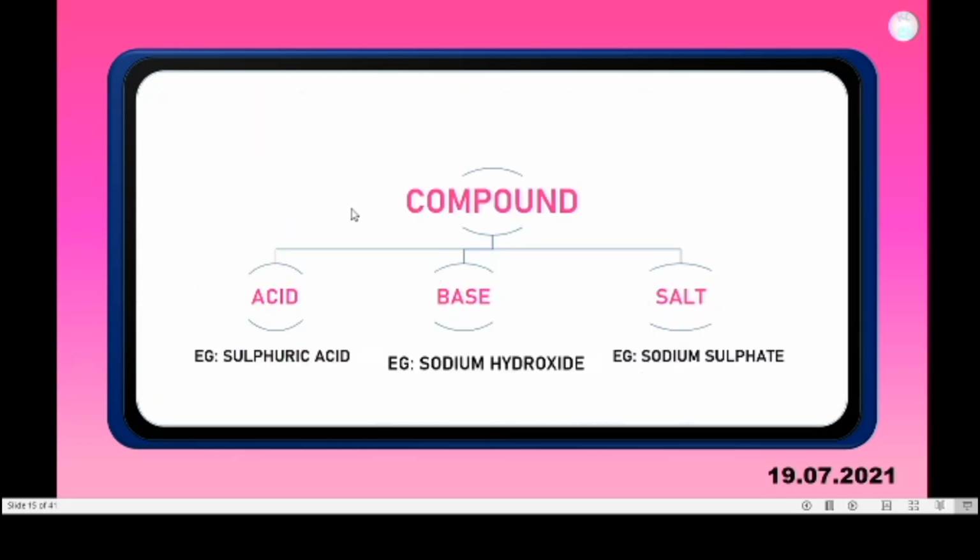Compounds are again classified into three types: acid, base, and salt. For example, for acid, sulfuric acid; for base, sodium hydroxide; and for salt, sodium sulfate. You will study acid, base, and salt in more detail in higher classes.